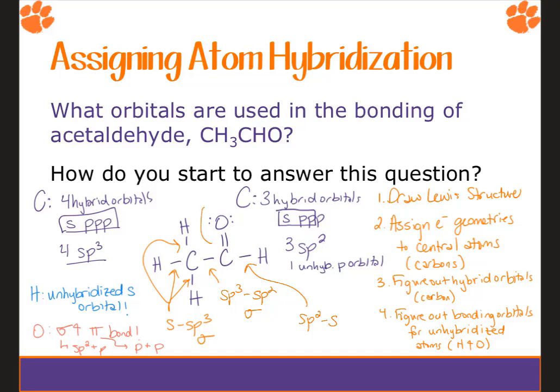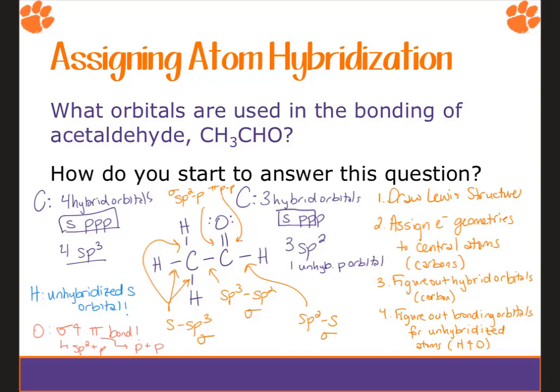And then with our oxygens, we have a sigma bond that is formed from the hybrid orbital of the carbon and the p orbital of the oxygen, and then you've got the pi bond forming from the 2 unhybridized p orbitals.